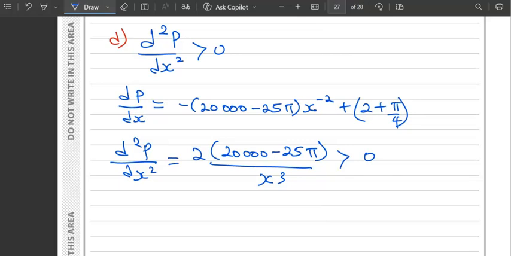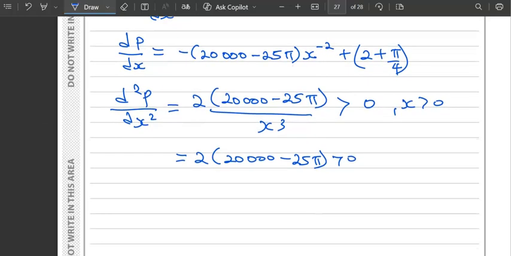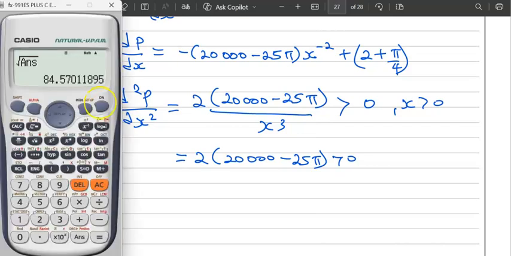Of course, here we know that the value of x is simply greater than 0, or what we can do, you can cross multiply here. So we'll have 2 into 20,000 minus 25 pi. This itself will be greater than 0. So simplifying this, here we can just key this in the calculator and find out the value.